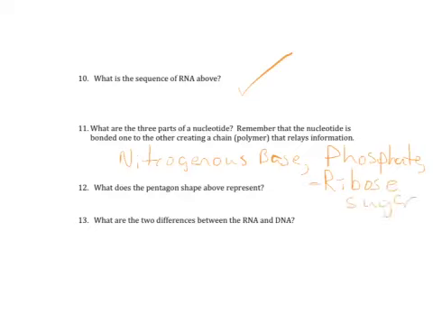Now it could be either ribose or it could be deoxyribose, but really it just is a pentose sugar, right? It's a sugar with 5 sides.